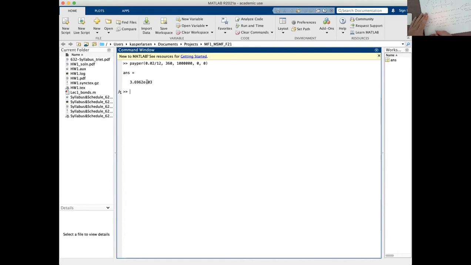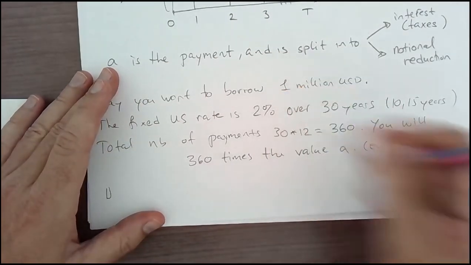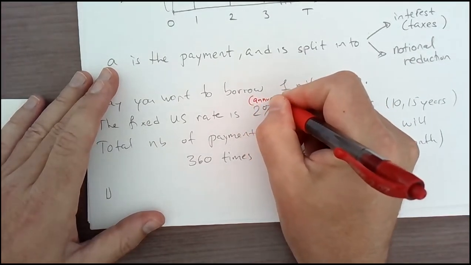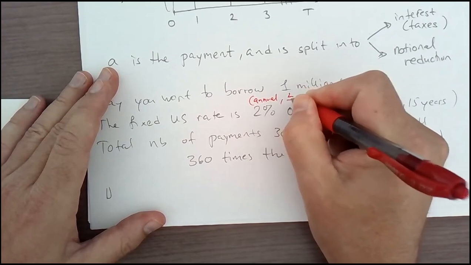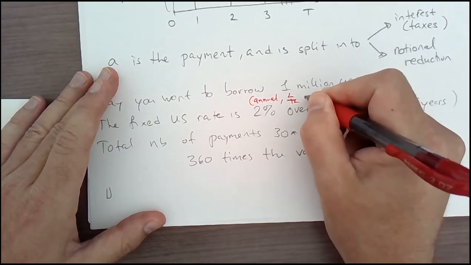So this is using, let me switch back to, this is 2%, right? This one here was the annual. So it was 2 divided by 12. 2 divided by 12 was the monthly.